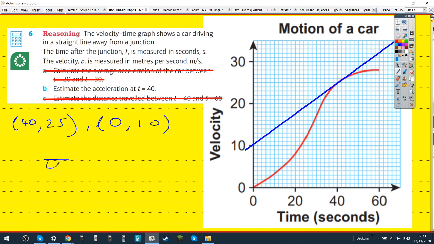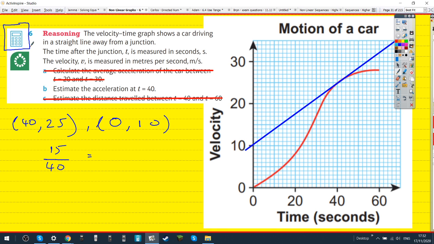Okay. And the rise is 15. So any idea about that one? Oh, it's a calculator question. Yeah.